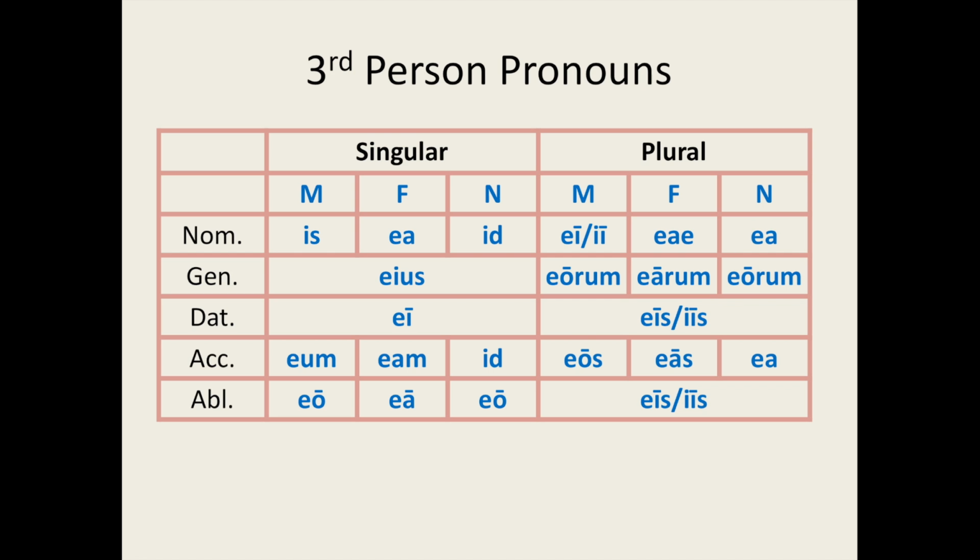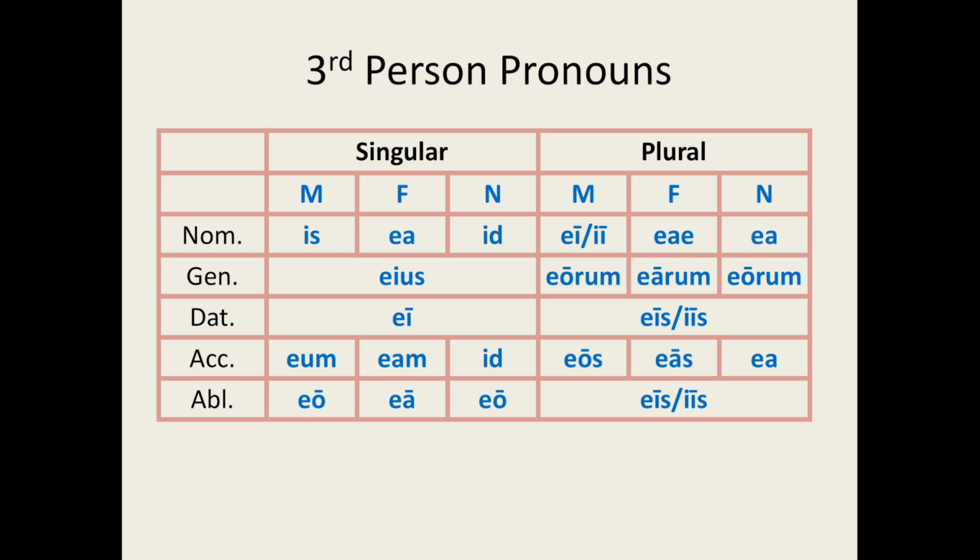For the nominative, is, ea, id; ei, eae, ea. For the genitive, eius, eius, eius; eorum, earum, eorum.